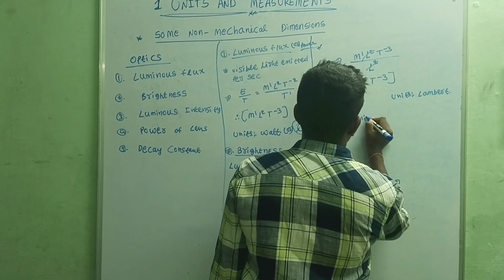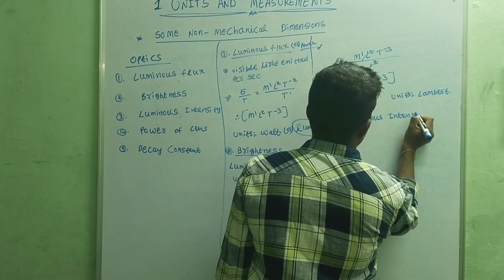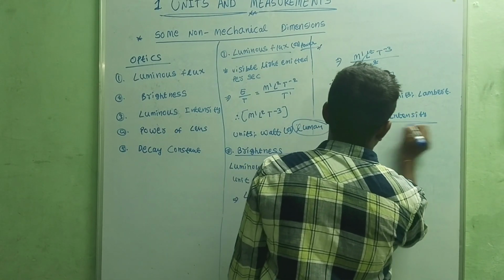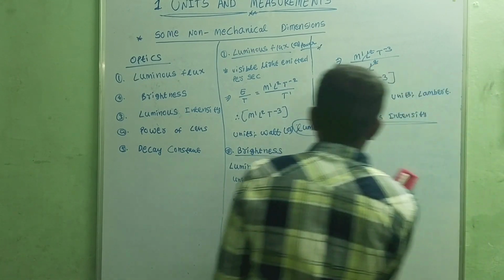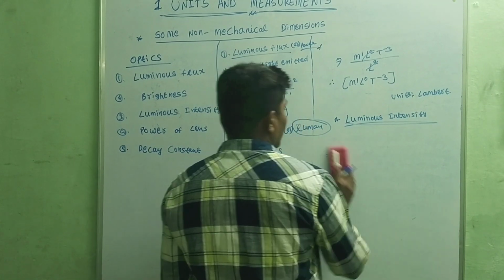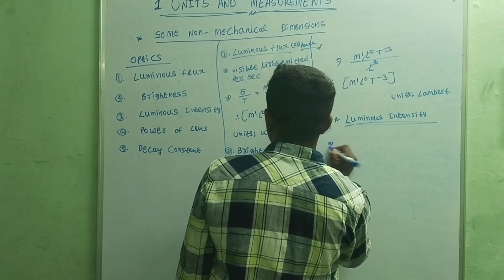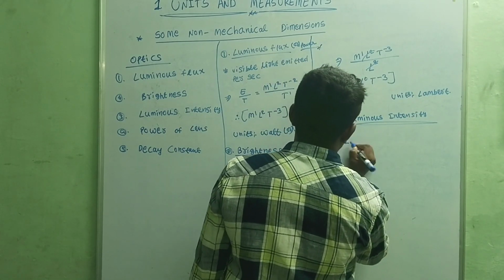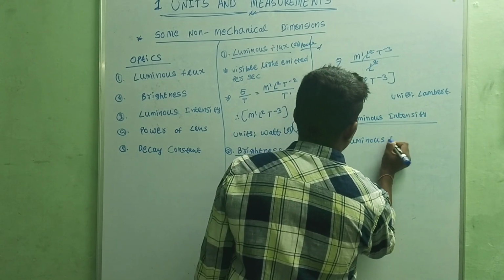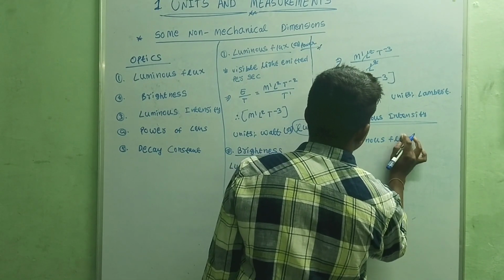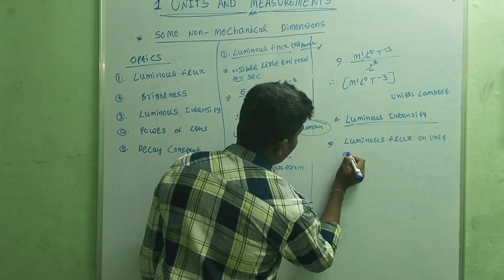Luminous intensity. So now we can write it as, according to the definition, luminous intensity is the luminous flux on unit area.